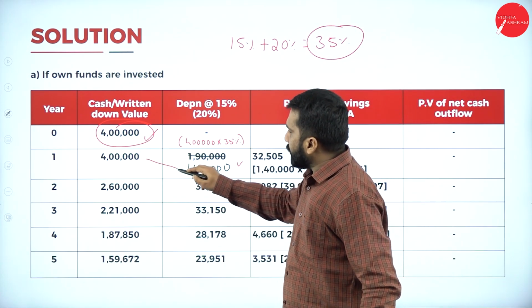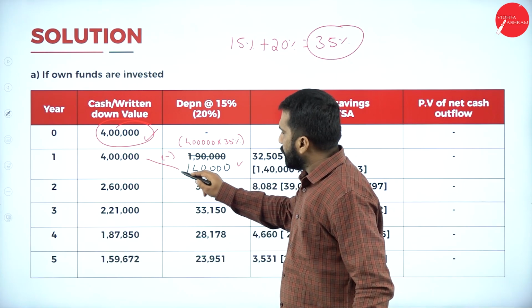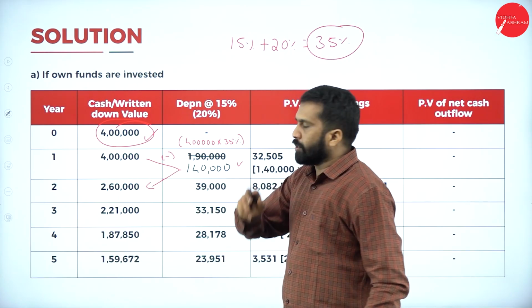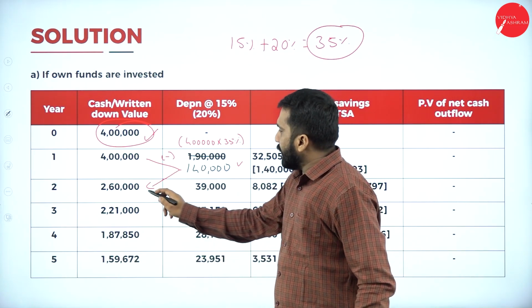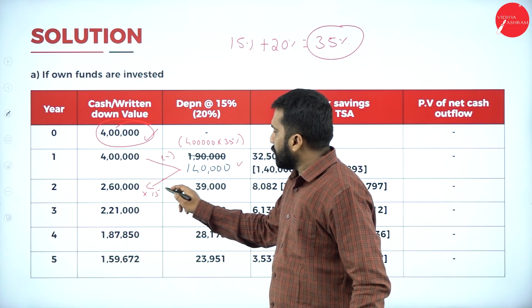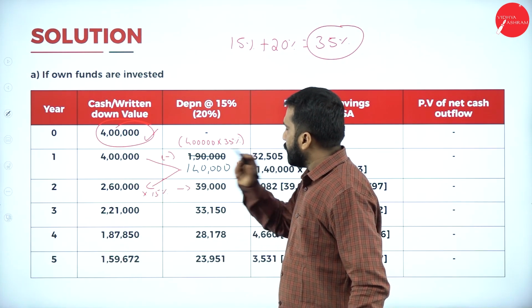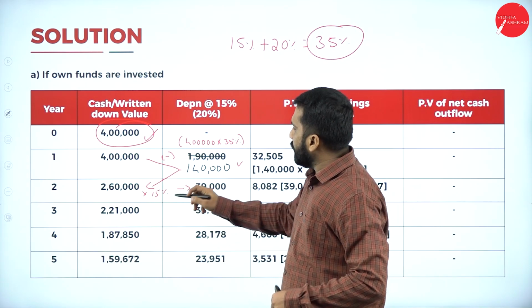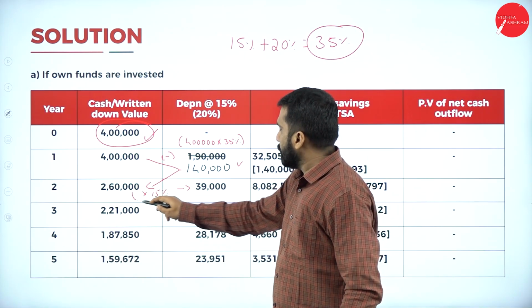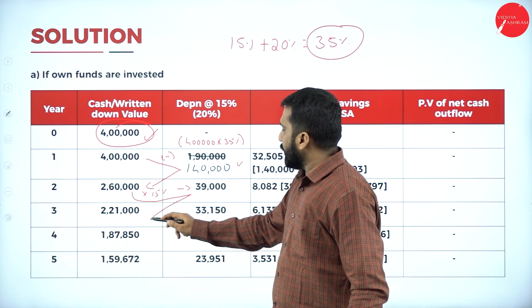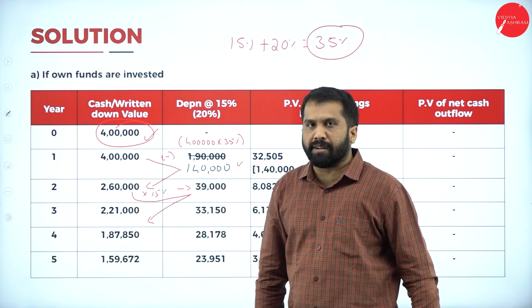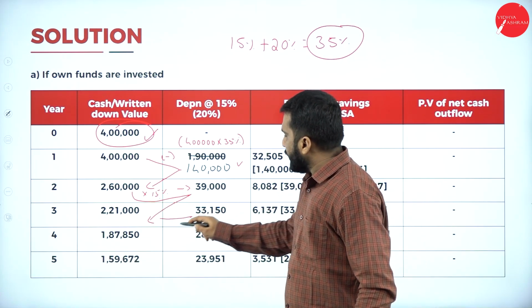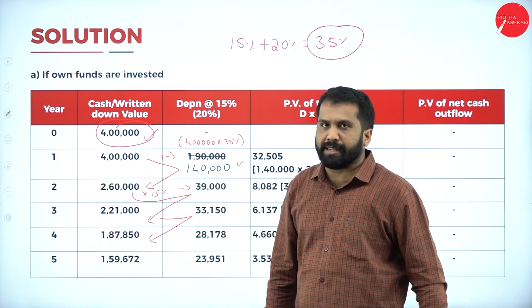4 lakh minus 1,40,000. How much? 2,60,000. On 2,60,000 multiply 15%. You will get this answer. Similarly, 2,60,000 minus 39,000, you will get 2,21,000. From this you minus 33,000, you will get 1,87,000.